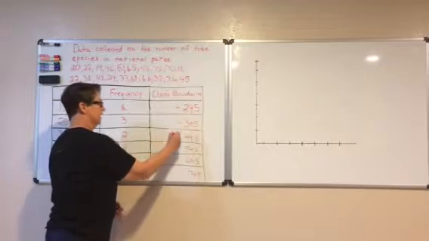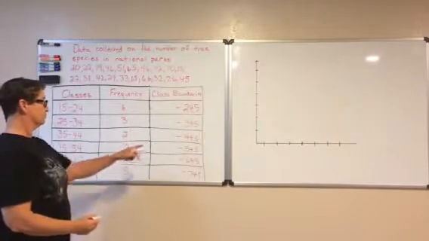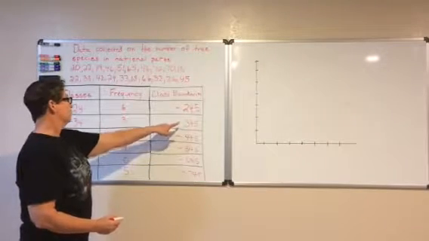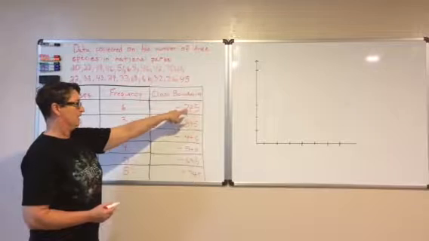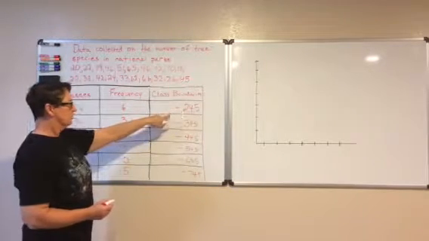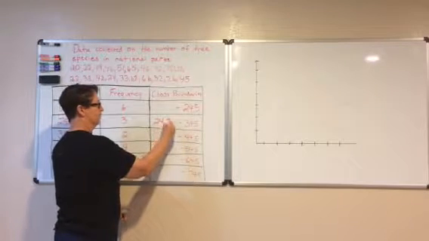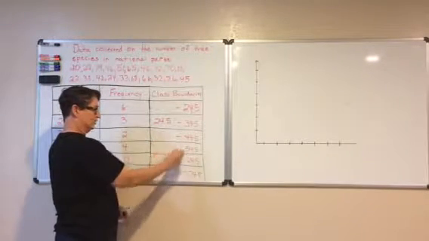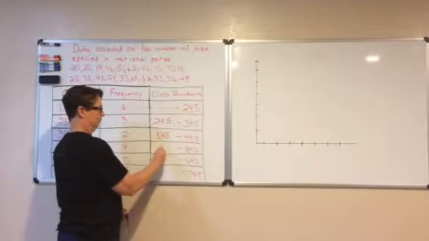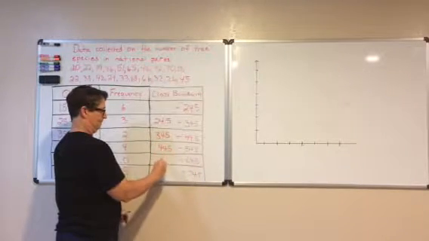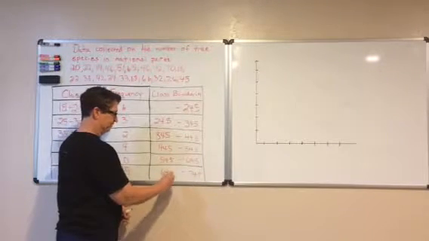Okay, now I'm going to find the beginning point of each one of those. This number is our class boundary, and we're just going to put that same number here, and that's going to transfer down on all of them, so that we have our class boundaries.